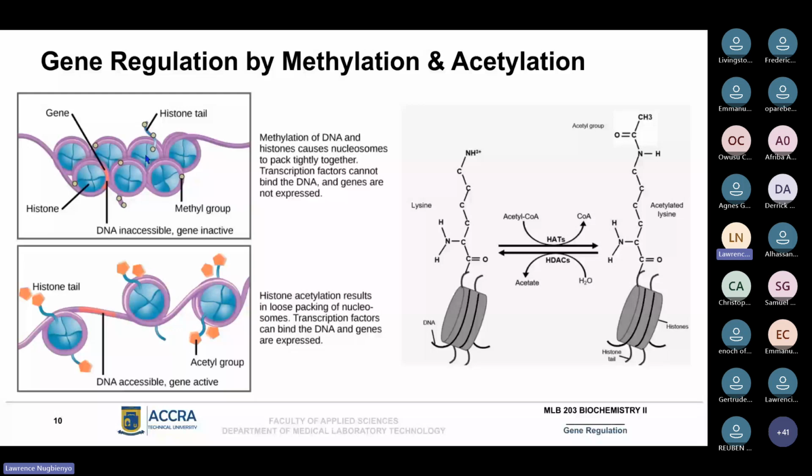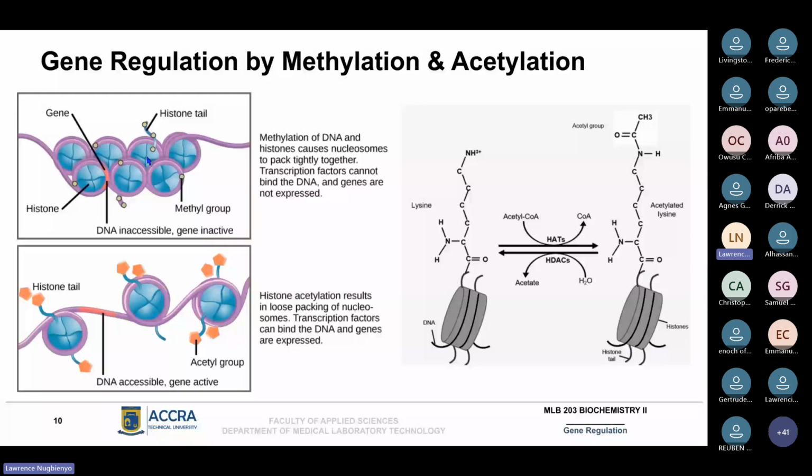The genes that you need to be replicated, the genes that you need to be transcribed onto a messenger RNA and translated into a protein will not even be accessible in the first place because they are so wound, so tightly packed together. So there's no way that you will have access to those genes to have them transcribed and translated.